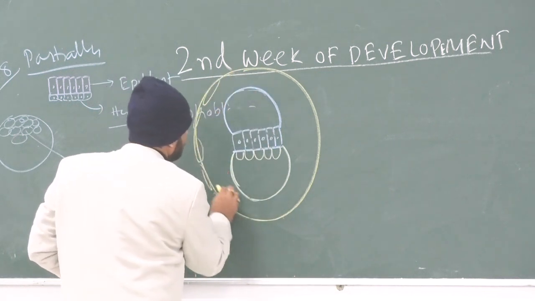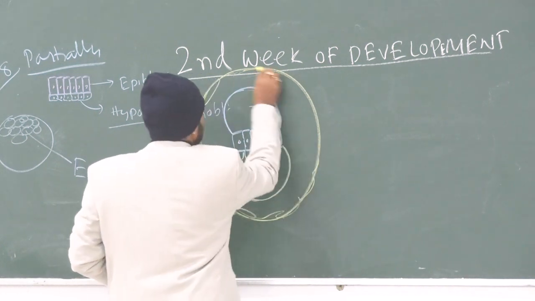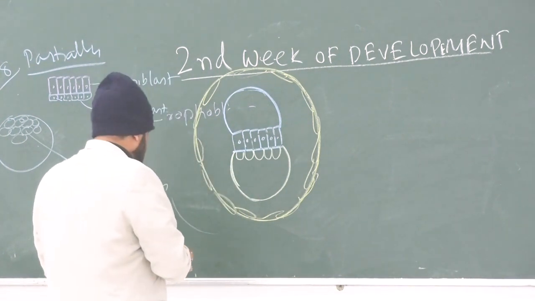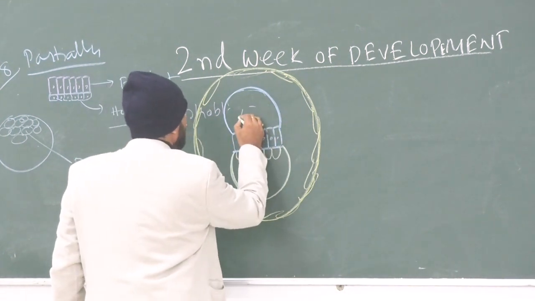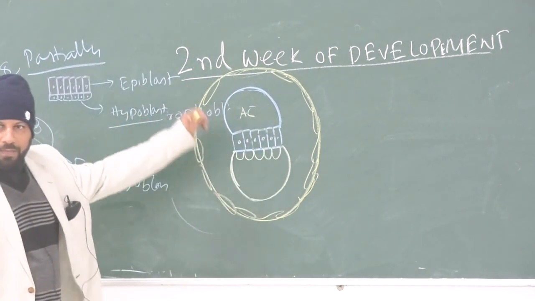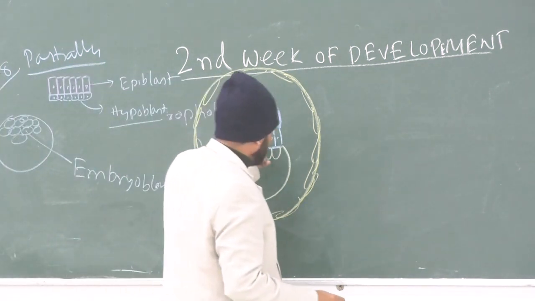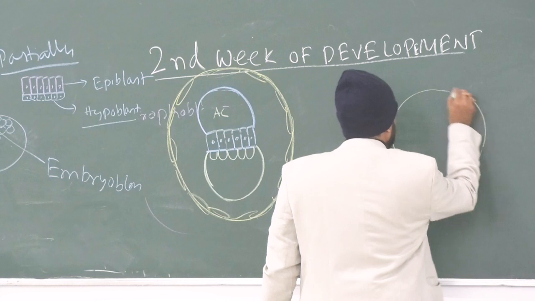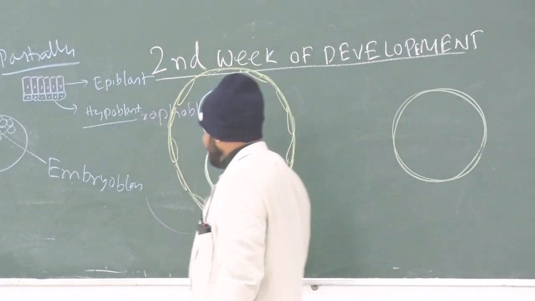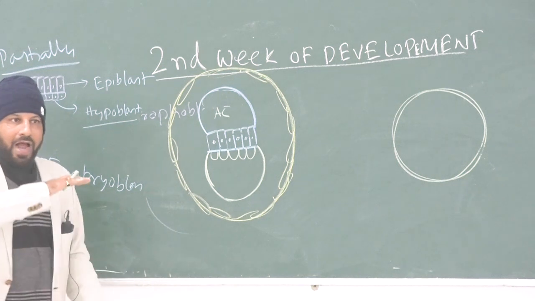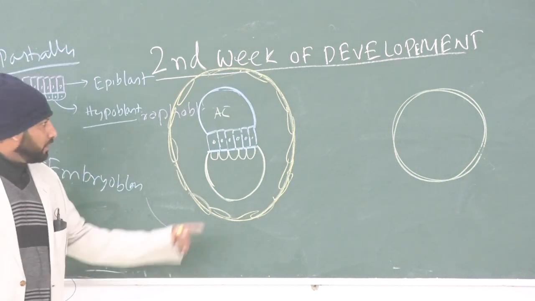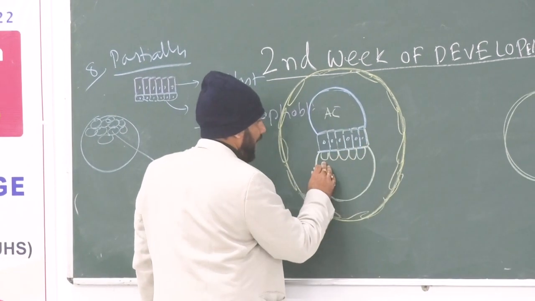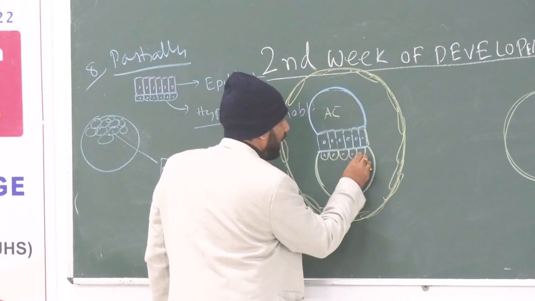This is trophoblast, this pattern of cells. And this cavity is towards the epiblast above. Actually, assume the embryo is a circular disc, but you are seeing the cutting edge of the circular disc. So above you get the epiblast and below you get the hypoblast.